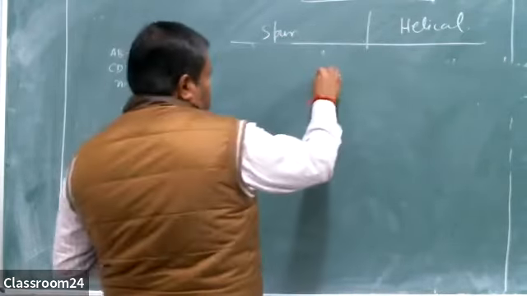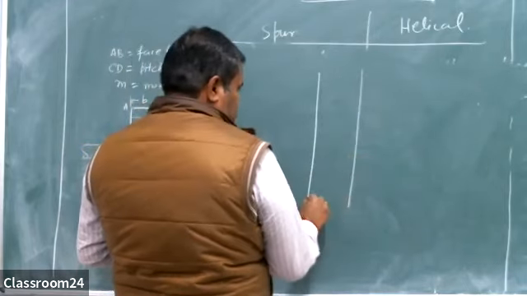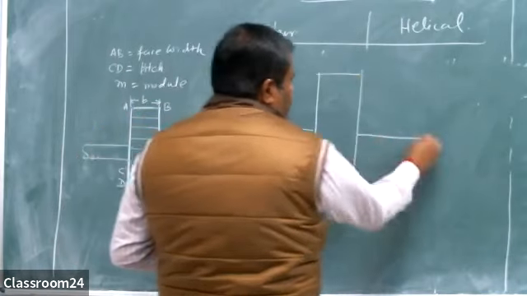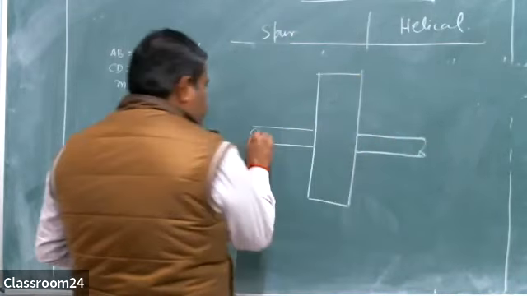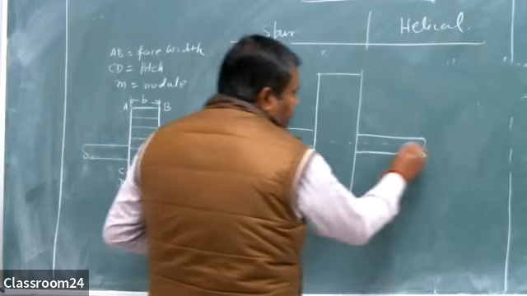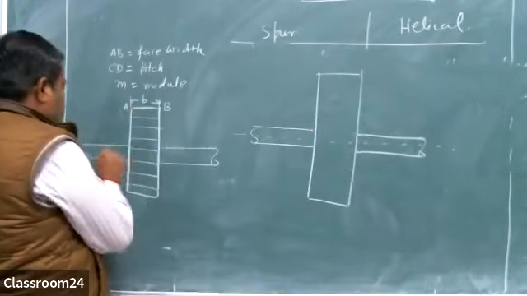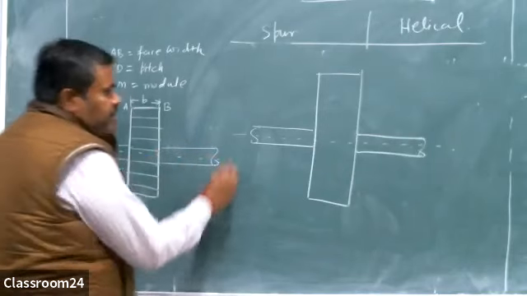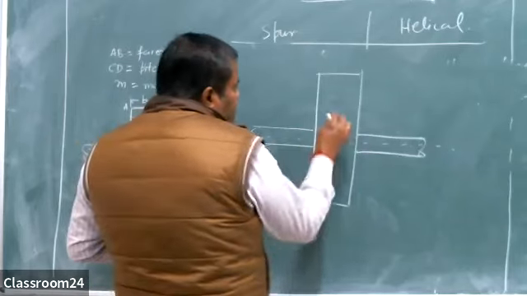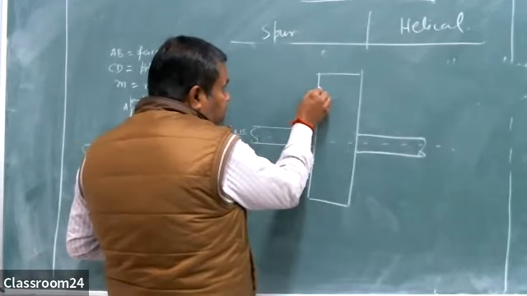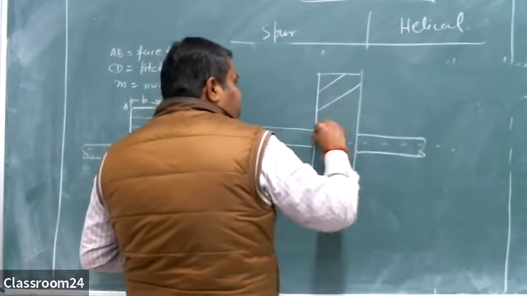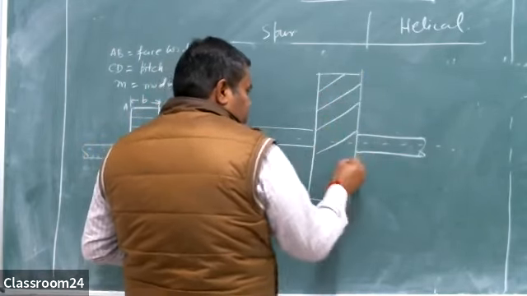This is the helical gear. This is the shaft again, and this is the shaft axis. Here the teeth are parallel to the shaft axis, but now the teeth are inclined this way, this way, this way.